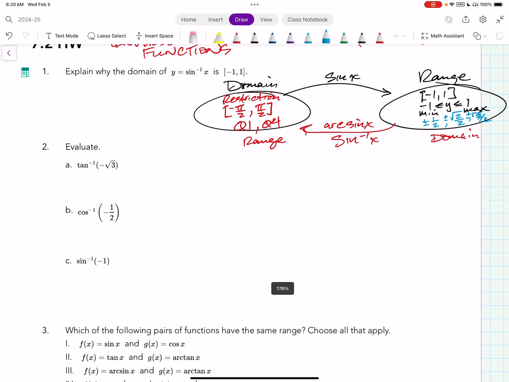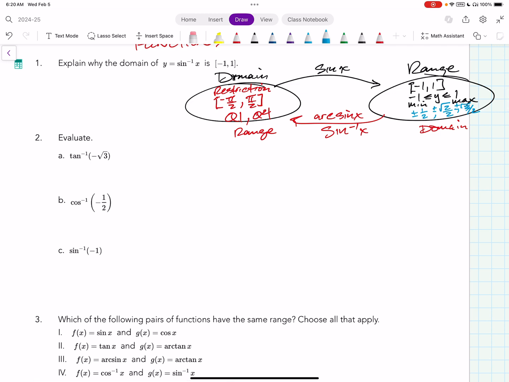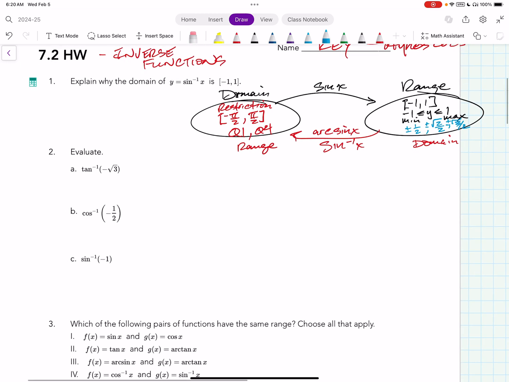All right. Now let's talk about how to take the inverse function of some values. Before we do that, let's draw some pictures here. We don't need the unit circle, believe it or not. We need some basic knowledge of the 30, 60, 90. So I'm going to draw one.